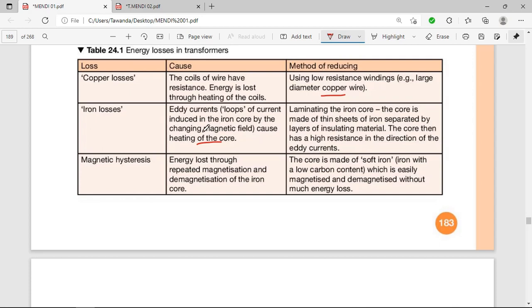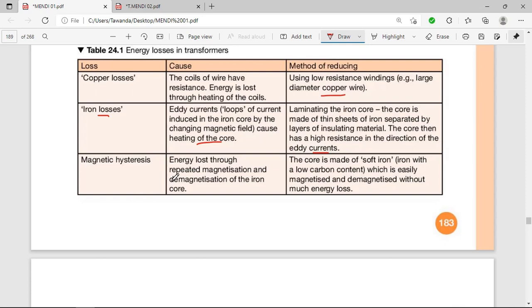So energy is also being lost in the iron through which it passes the induced EMF to the secondary coil. So the method of reducing it is to laminate the iron core. The core is made up of thin sheets of iron separated by layers of insulating material. The core then has high resistance in the direction of the eddy current. So if you laminate the iron, you're going to prevent the eddy current.